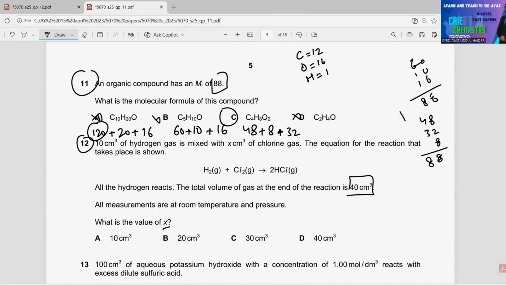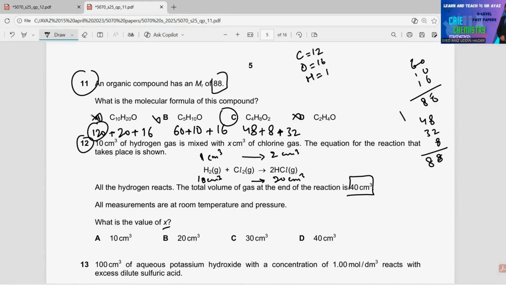If we consider this ratio as 1 centimeter cube for hydrogen gas, then we have 2 centimeter cube of HCl. 1 centimeter cube produces 2 centimeter cube, therefore 10 centimeter cube produces 20.